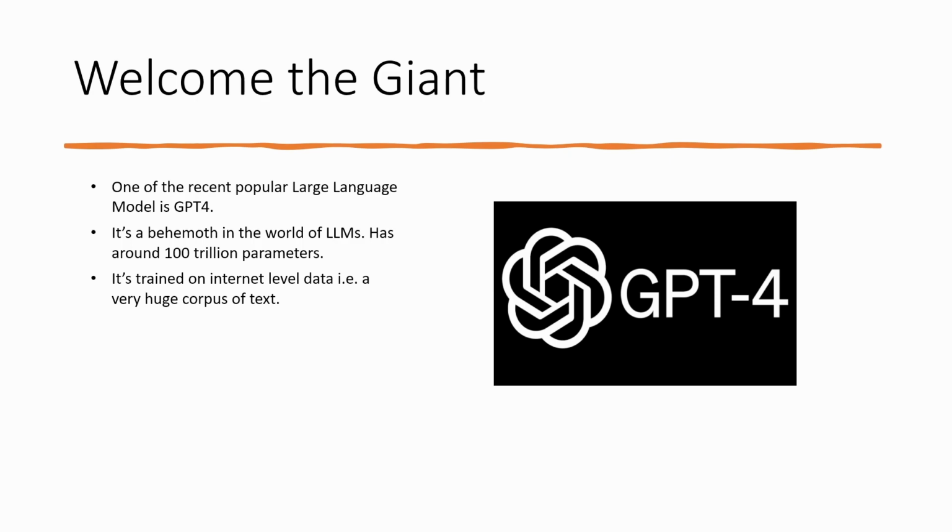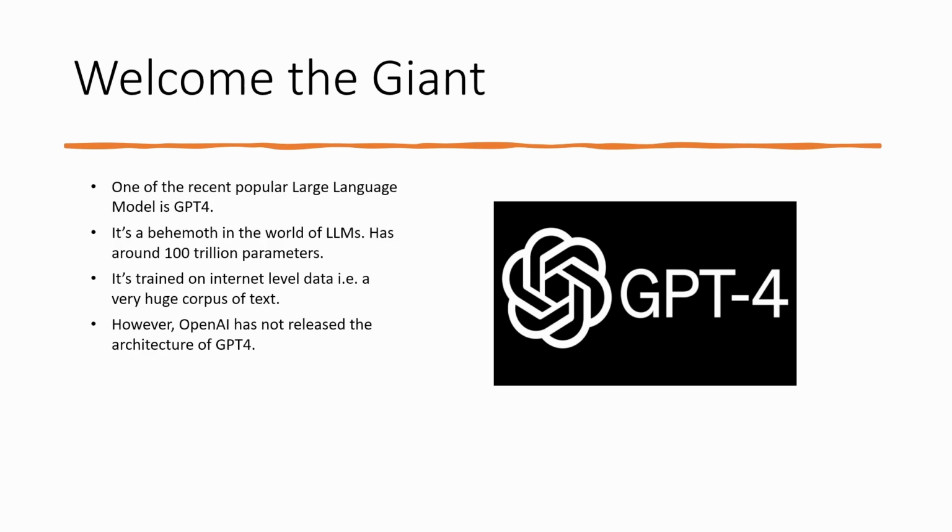In simple context, the amount of data it was trained on is internet scale. It means it's really huge, which you and I cannot possess. A huge amount of data was scraped from the internet, and GPT-4 was trained on that.